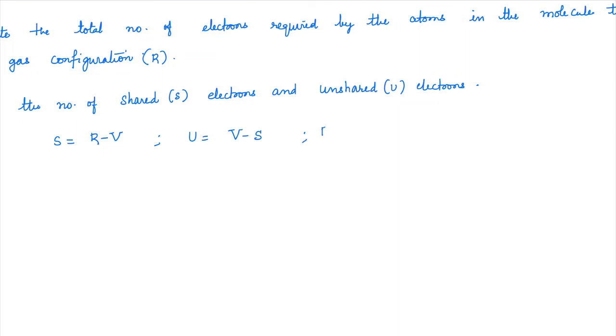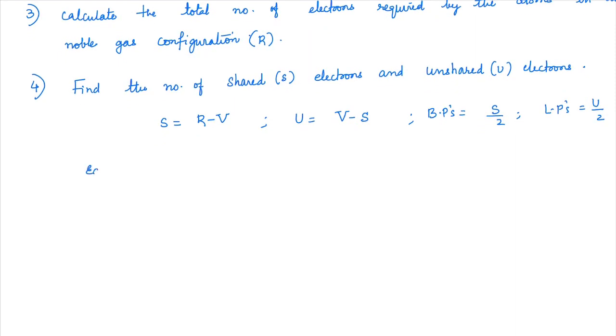Total number of bond pairs will be equal to S by 2, and total number of lone pairs will obviously be unshared electrons by 2. These are the pairs.